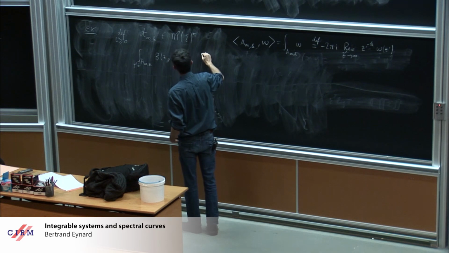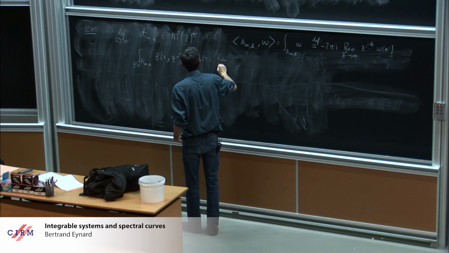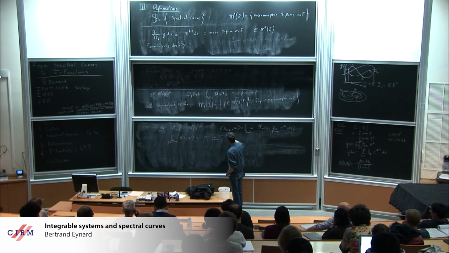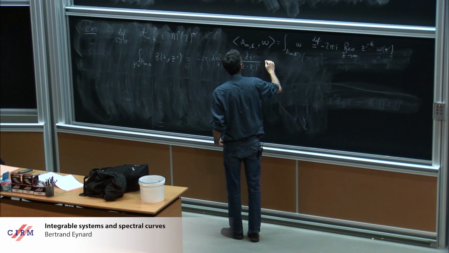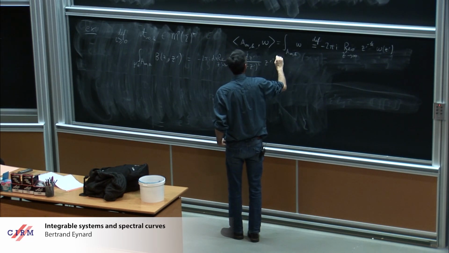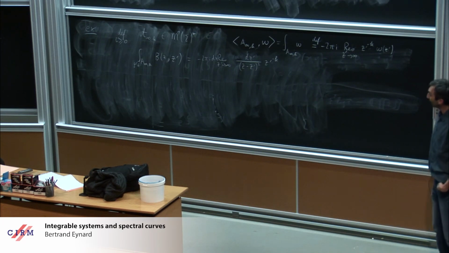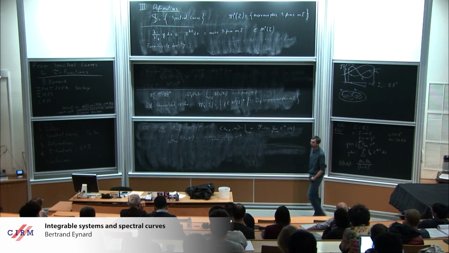What is it? It's minus 2 pi i residue z prime goes to infinity. So you have dz prime. Let me put the dz in front, and then minus z prime to the square, and z prime to the minus k. And it's easy to see that at z prime going to infinity, there is no pole at all.